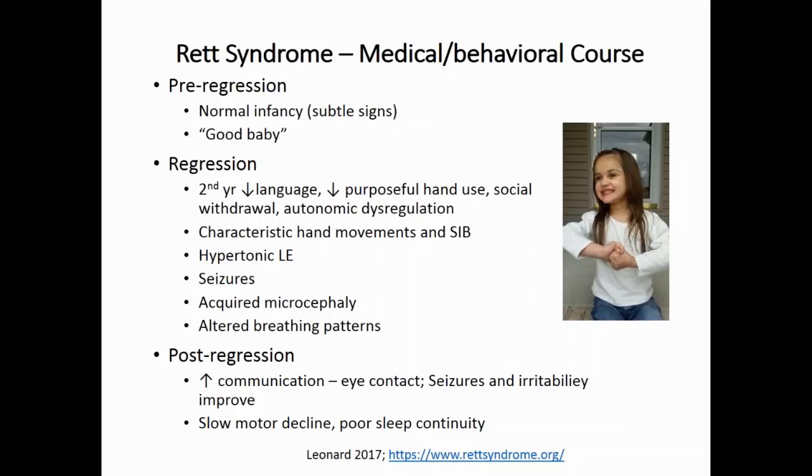Later in childhood to early adulthood, there's a relative stabilization. Intellectual disability is present, but their communication can improve, although primarily through eye gaze. Seizures may improve. Although motor areas slowly decline, there can be joint contractures, rigidity, and scoliosis. It is really by adulthood that most will lose the ability to walk.